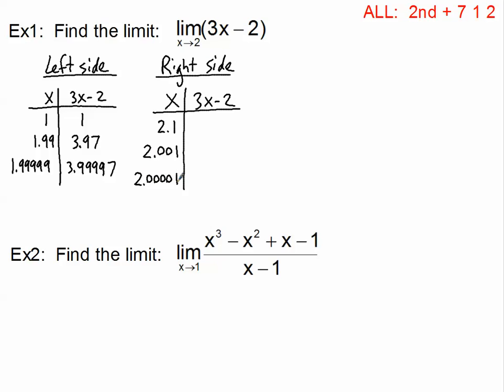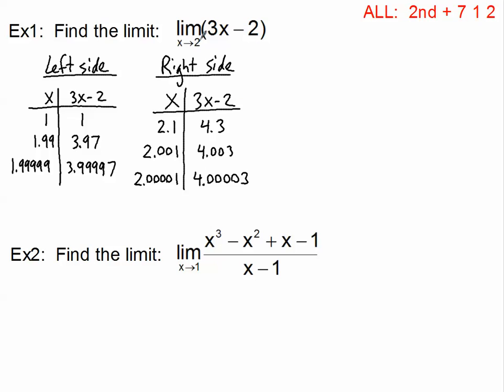Plug these numbers into our function, and we're going to get numbers like 4.3 and 4.003 and 4.00003, I believe.